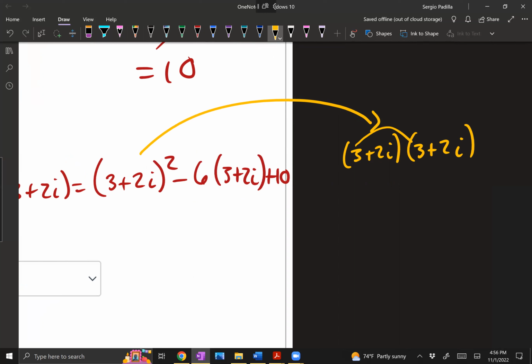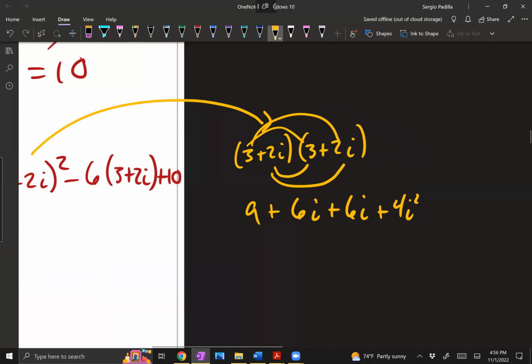3 times 3 is 9. 3 times 2i is 18i. Whoa, I was going a little ahead of myself here. Let's try that again. 3 plus 2i, 3 times 2i is 6i. 2i times 3 is 6i again. And 2i times 2i, here's where we're going to get 4i squared.